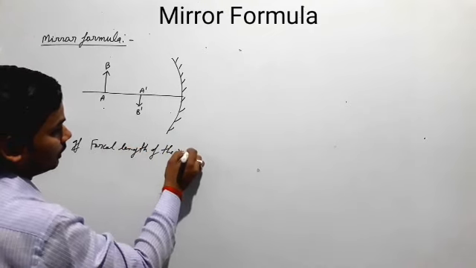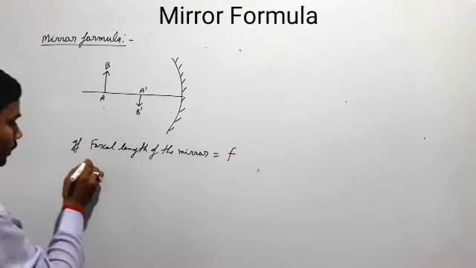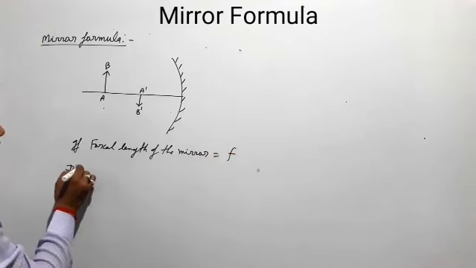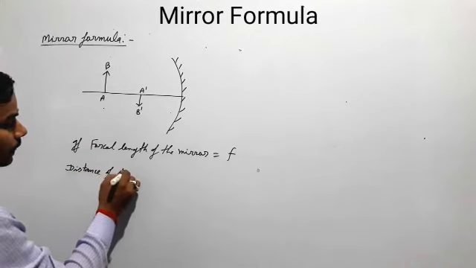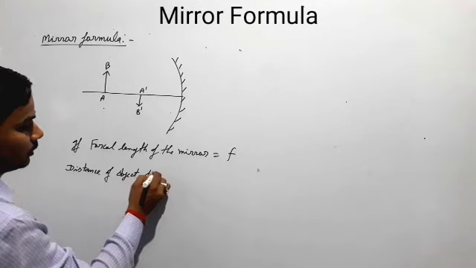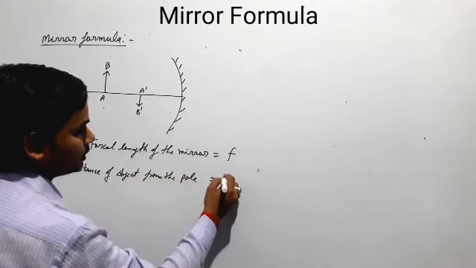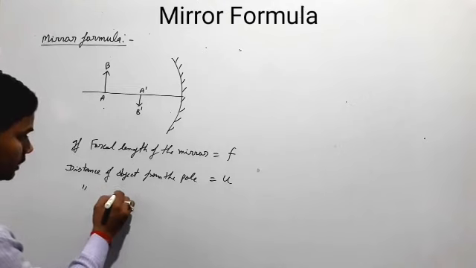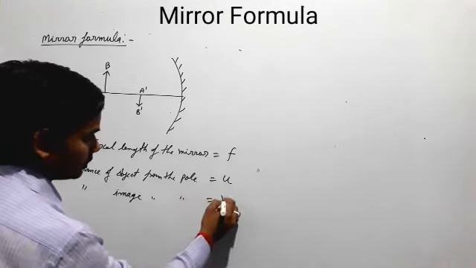Suppose the focal length of the mirror is f, the distance of the object from the pole is u, and the distance of the image from the pole is v.